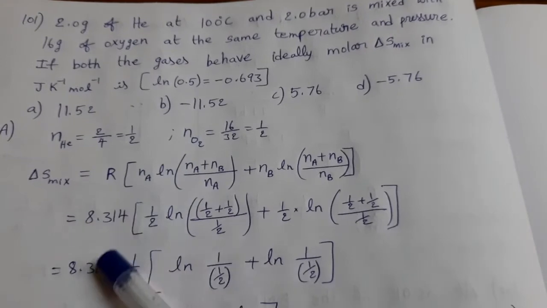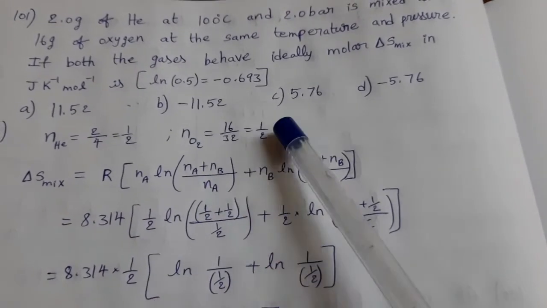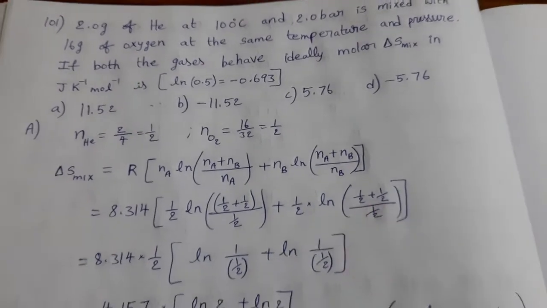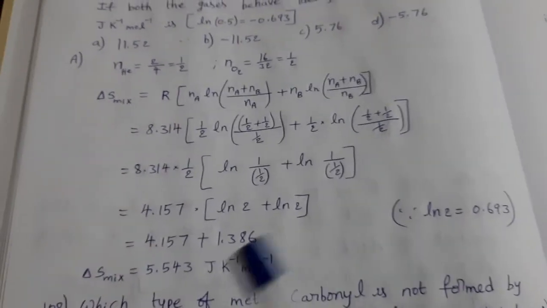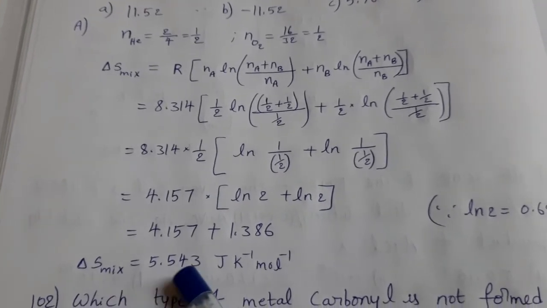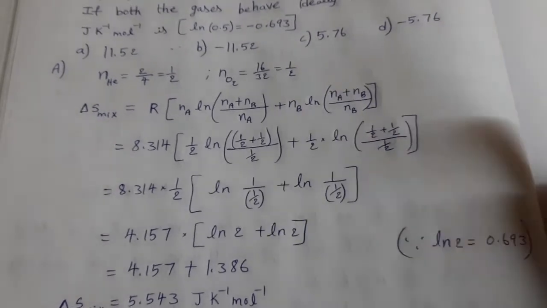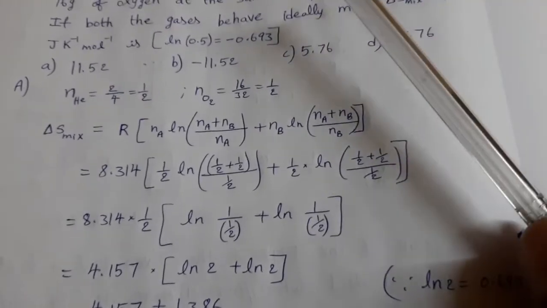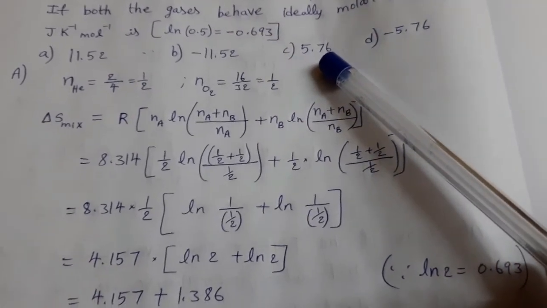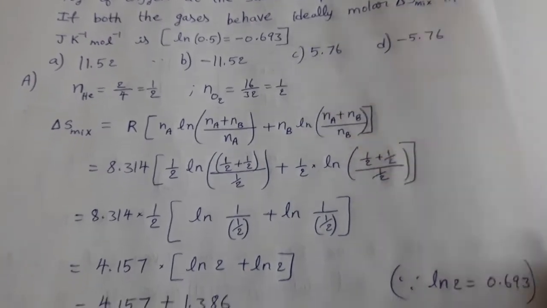Substitute the R value. Na means number of moles of helium, Nb number of moles of oxygen. Substitute the values. By doing the calculation, we get change in entropy of the mixture 5.543 Joule Kelvin inverse mole inverse. Here no suitable answer, but the nearest answer is this one, 5.76. Then option C is the answer.